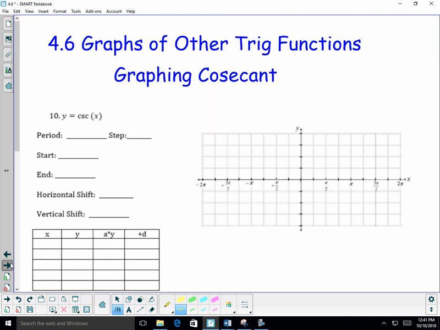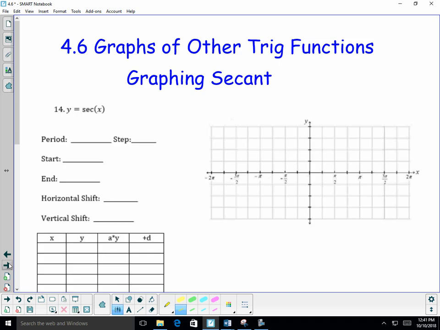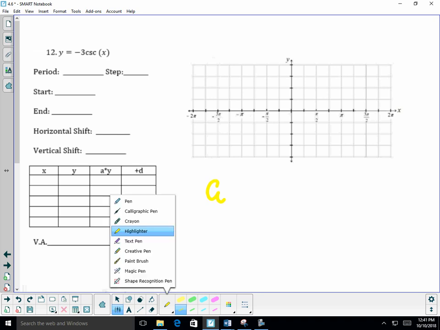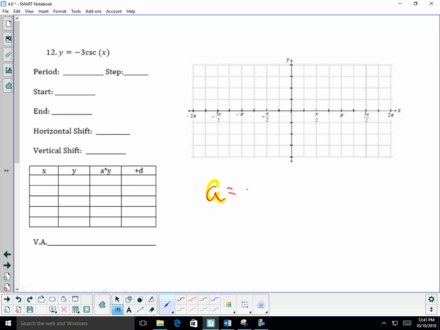So I'm first going to do negative 3 cosecant x. Okay, so we have y is equal to negative 3 cosecant x, and that's the one I wish to graph. So I'm going to identify my A. My A is negative 3.